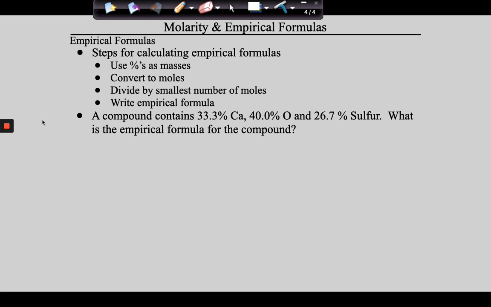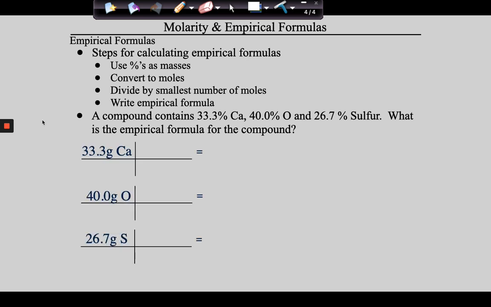Guys, solve this with me now so that you have an example that you can draw on in the lab. So guys, this is the way we're going to solve these. We're going to take the percentages and we're going to use them as masses. But guys, when you do, set them up like this. Do these in columns and set them up for the one-step dimensional analysis process that's coming. So 33.3 grams of calcium, 40 grams of oxygen, 26.7 grams of sulfur.